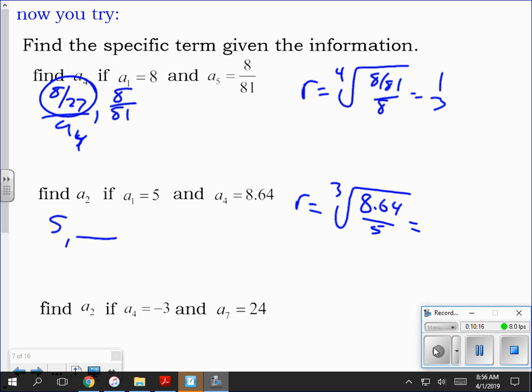That makes it really nice. So I get 1.2 is my r. And no, that can't. I got exactly 1.2.